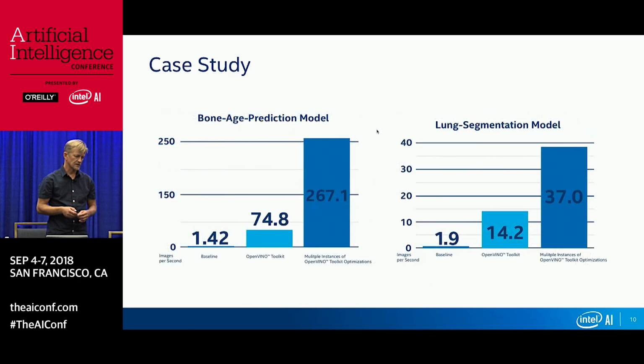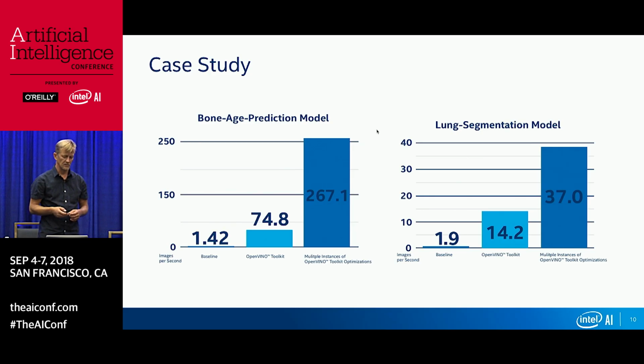And these are some of the stages we went through to optimize this model. For the bone age model, initial performance was close to 1.42 frames per second. After converting this model and just running inference on DLDT, we got 74 frames per second. And after introducing some multi-stream inference using 2 sockets, we were able to achieve 267 frames per second for this particular model.